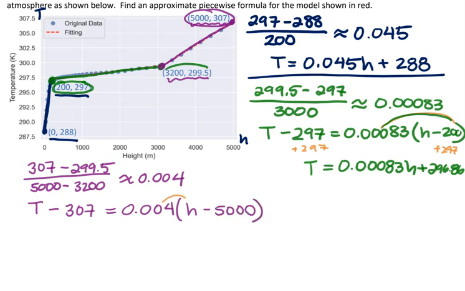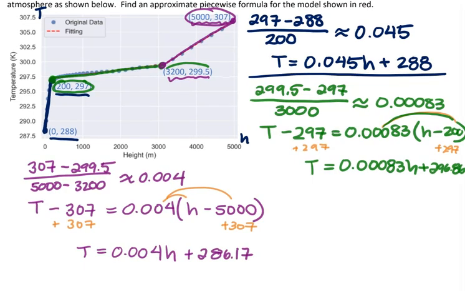So once again, you'll distribute the 0.004 through, and you'll add the 307 to both sides. And my final result was that t equals 0.004h, and then from that I got 286.17. Okay, so those are the 3 pieces of my formula.